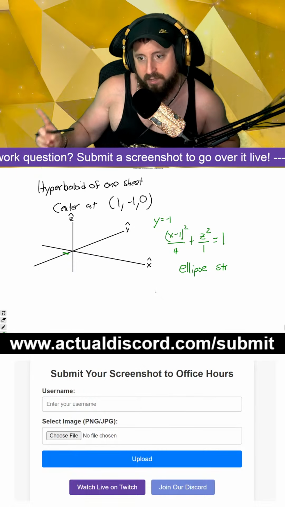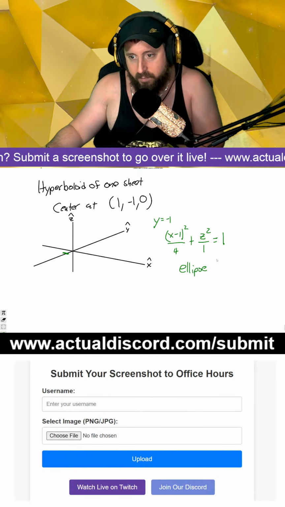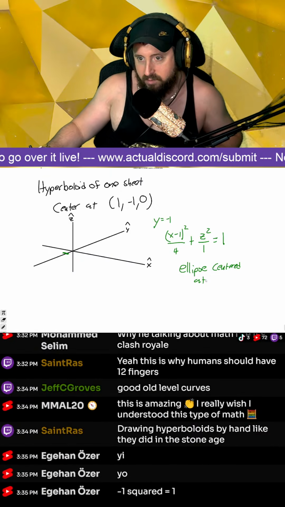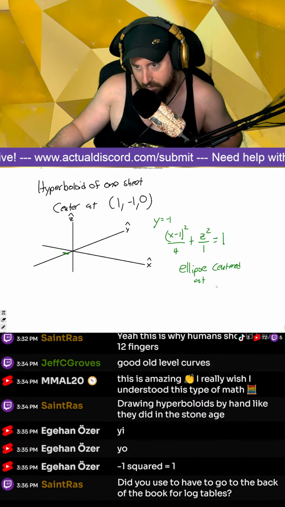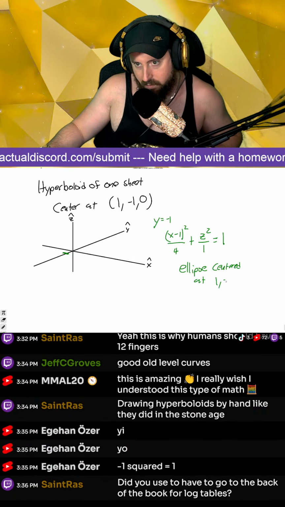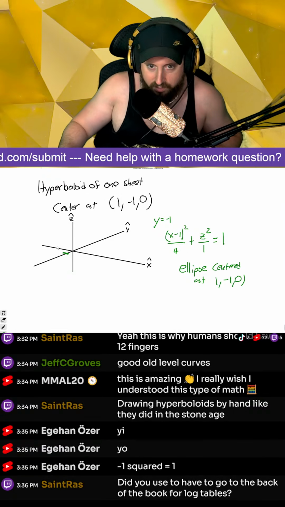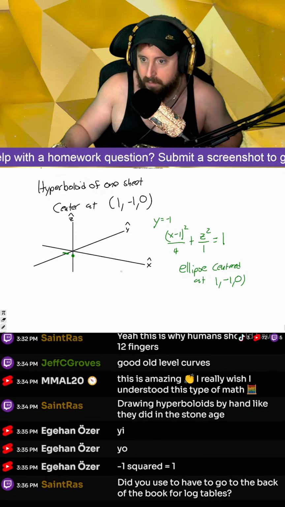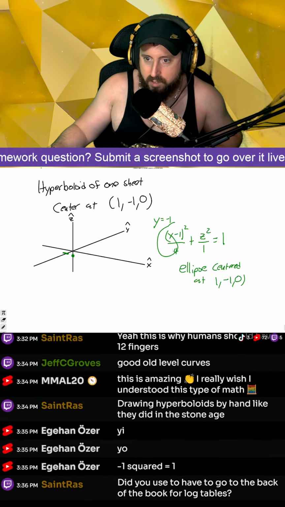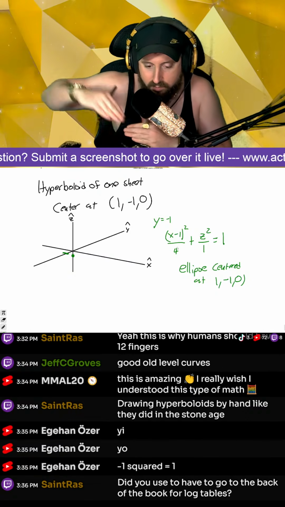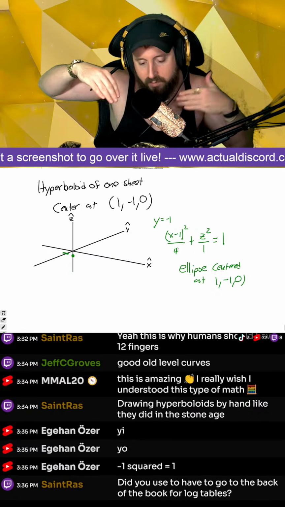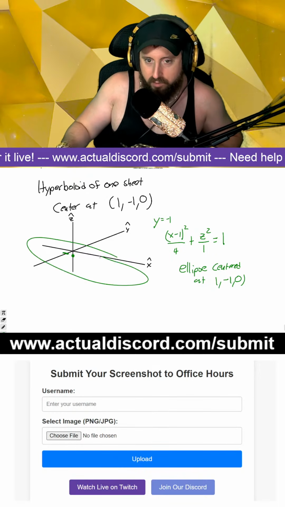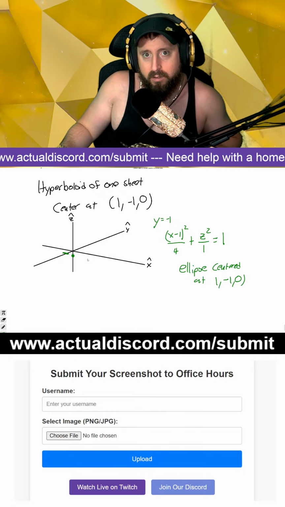This is an ellipse that is centered at, what's that going to be? 1 comma minus 1 comma 0. So at x equals 1, it's centered over here. And because this number is bigger on the bottom, the major axis is in the x-axis. So it's going to be stretched more this way than it is this way.